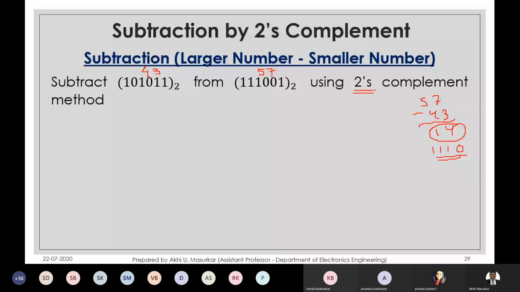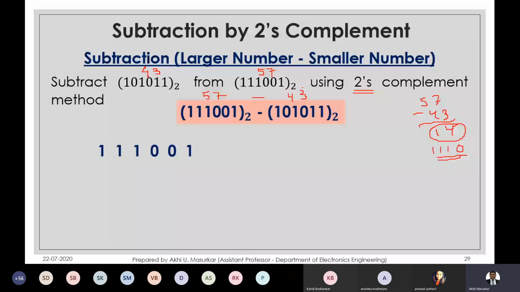So let us go in. This is what we have to do. That is 57 minus 43. This is my larger number. This is my smaller number. Now, step number 1 is take the 2's complement of the smaller number. So this is the 1's complement.